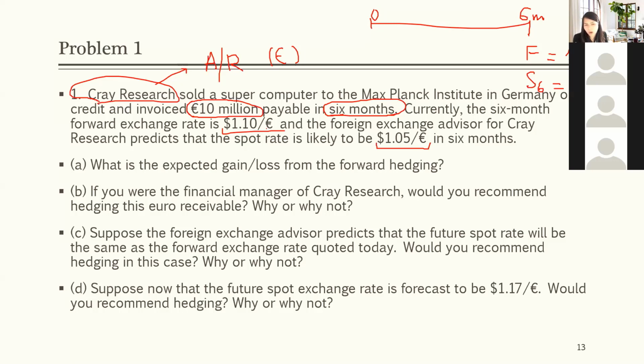So in other words, what is the expected gain or loss of the forward contract? So it's similar to before. I am going to share a whiteboard. And I'm going to copy the questions on here. Okay.